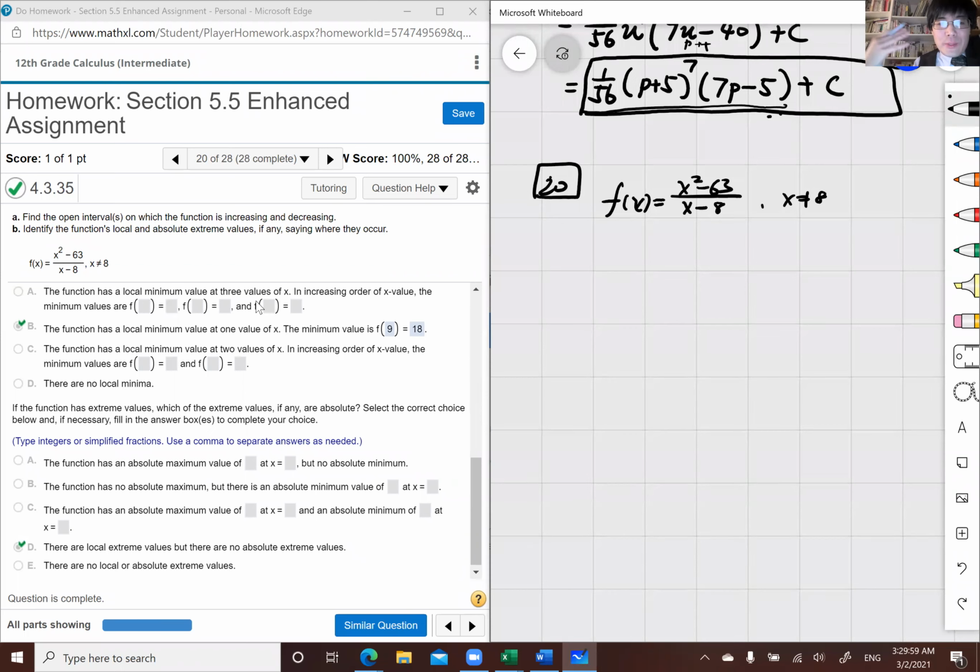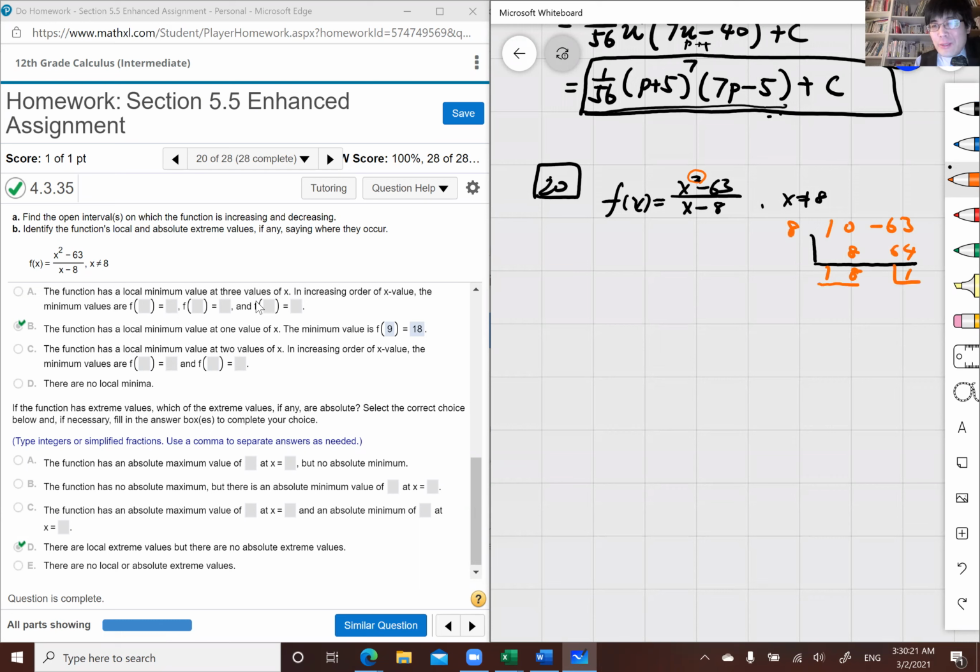So we want to differentiate this, but before differentiating this, let's divide the fraction because this expression has a power of 2 on the top, which is greater than the power of 1 on the bottom. Use synthetic division because that's easy.